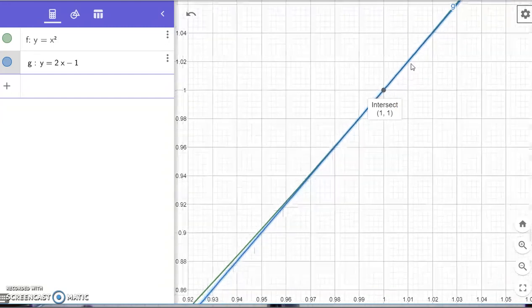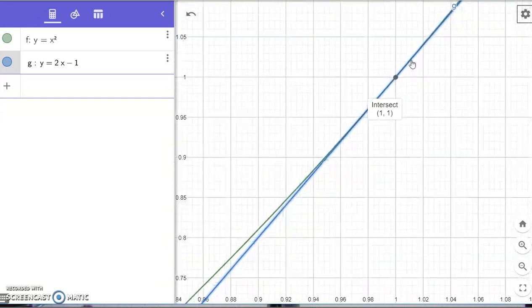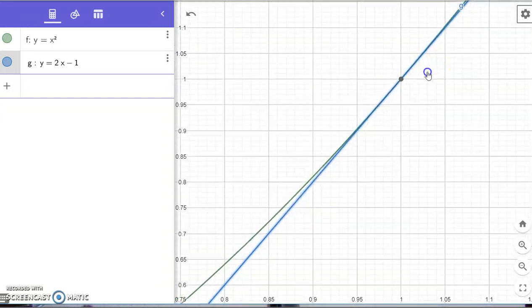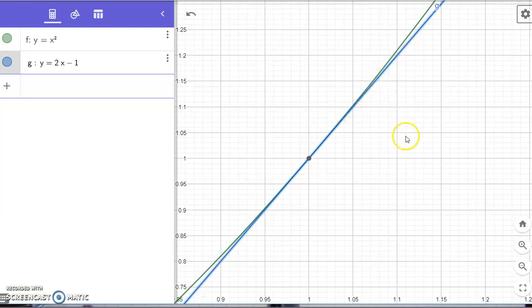But the further you get out, you can see that at 1.1, we're a little off, and at 1.15, we're further and further off. So this is the idea of linear approximations: we can use the rate of change as a quick way to make some sort of an approximation, but keep in mind it is going to have a little bit of an error in it.